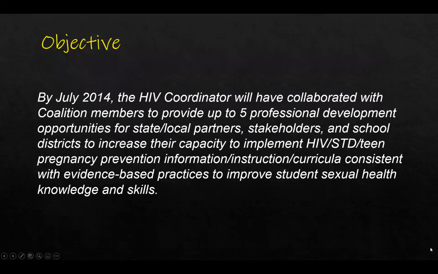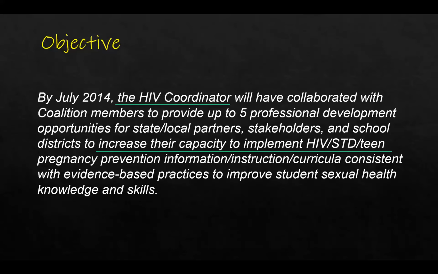So here's an example of an objective for the first goal that I showed you. It is a pretty lengthy objective, but it still will cover the stuff that we talked about. So let's go through this. Who is responsible? Well, the HIV coordinator is going to be responsible for this objective. What's going to happen or what's going to be accomplished or achieved?